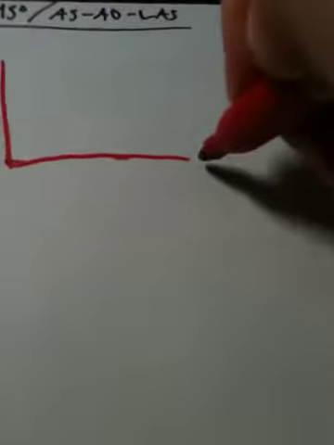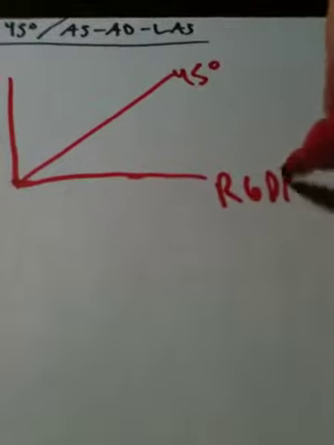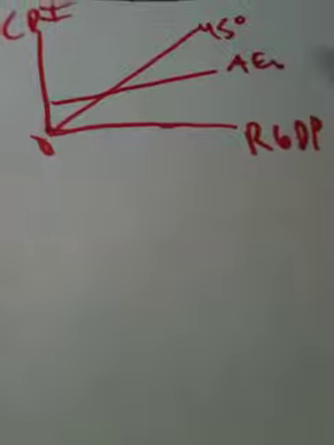The last thing I want to address is the aggregate expenditure and 45-degree line. So we're going to have our 45-degree line, real GDP, 0, CPI, and aggregate expenditure, and then E1.